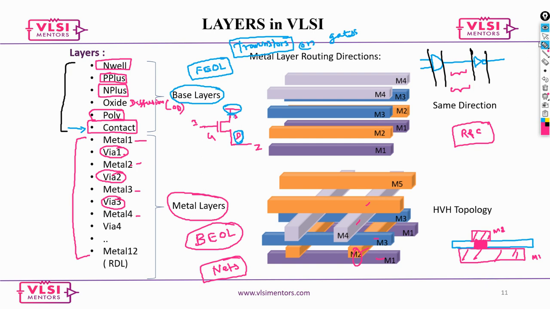Will you cover RDL separately, or what exactly are you looking for in RDL? It is used at top level. No, no, I would be covering how and where we use RDL and all of that. See, it is just one of the layers.